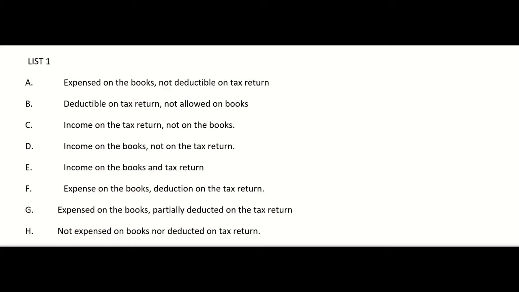And when would it be letter E, income on the books and on the tax return? Well, that would be like U.S. savings bond interest. That income would be on the books, and it would also be taxable, whereas municipal bond income is tax-free, right?